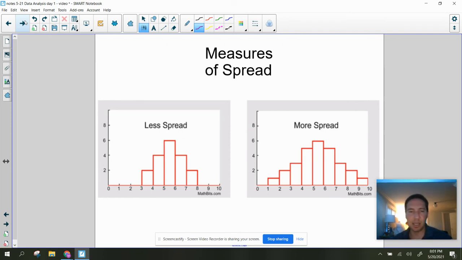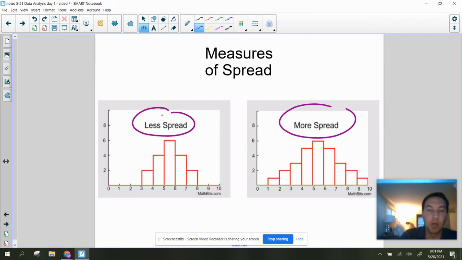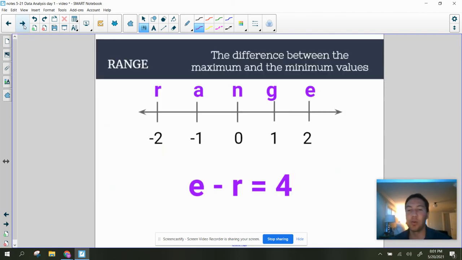Other things that come up: some numbers are going to be more spread out than others. For example, these numbers over here go all the way from 1 up to 10. They're more spread out. Here they're more grouped around the middle, so they're less spread out. One way to measure the spread is something called range.